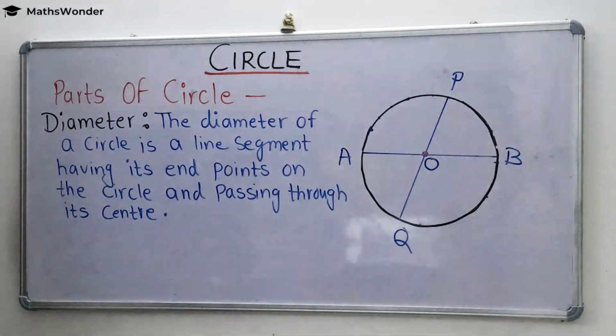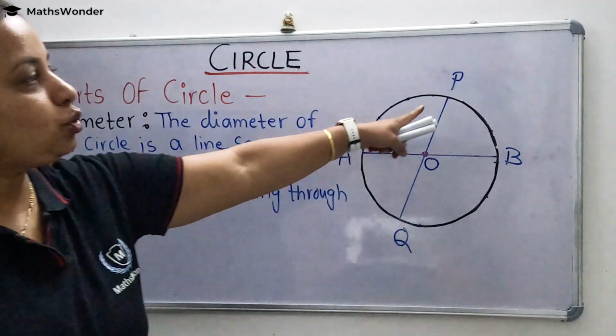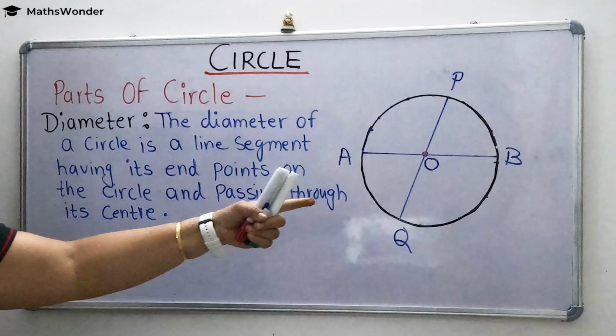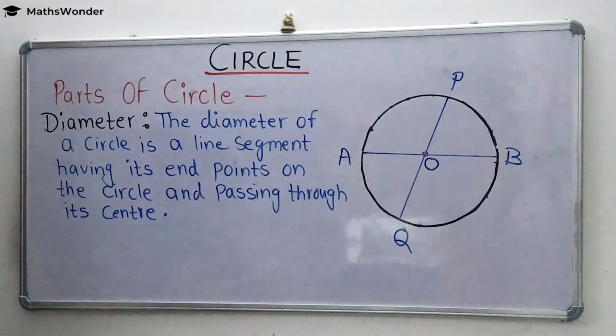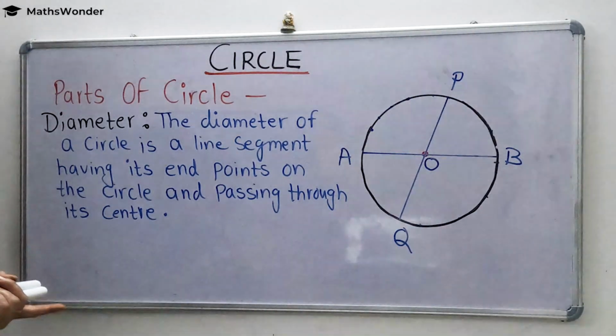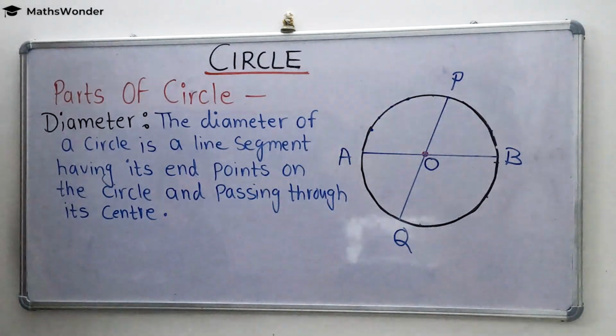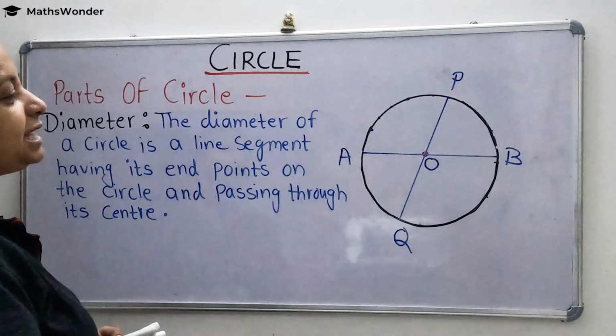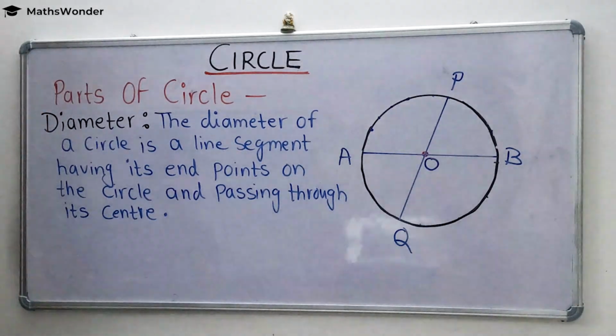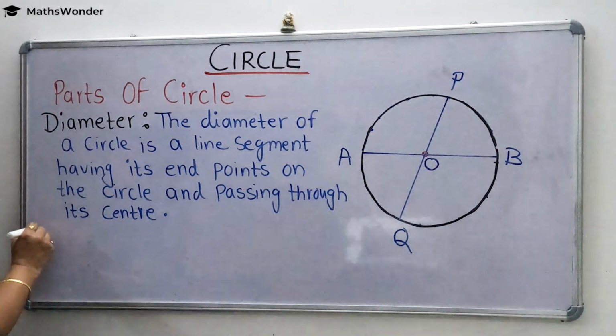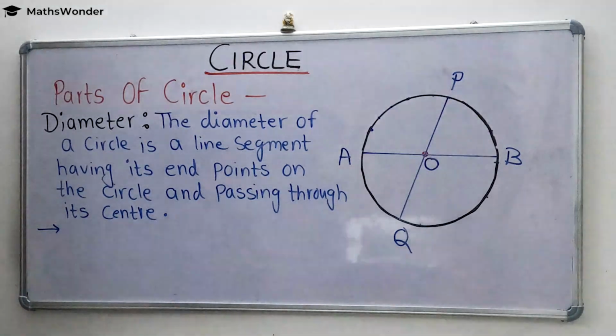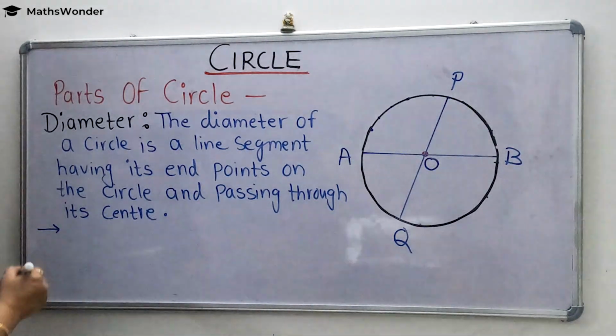So when we join any two end points on the circle and the line passes through O, the center of the circle, then we make a diameter, like AB, PQ, and you can draw many more. Now the first property of the diameter is that the diameter is denoted by D.